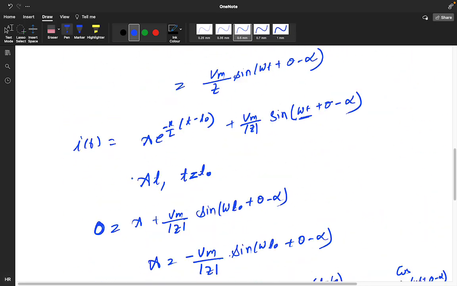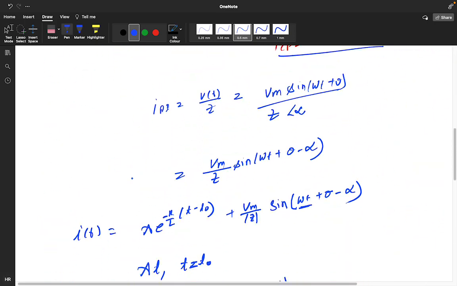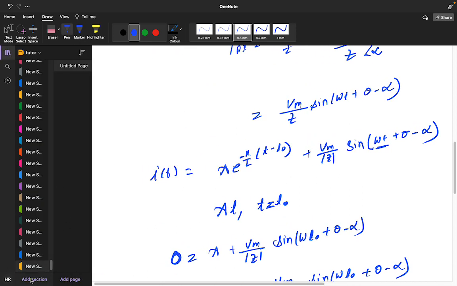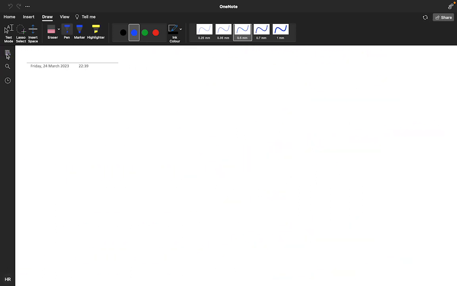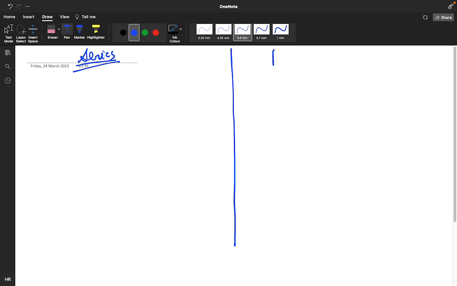So this is what we had discussed for the series RL network. Okay, now make one note. We'll do it by duality. This is for the series, we discussed, and now for parallel. So you have V of t equals Vm sine omega t plus theta at t equals 0 we are discussing.